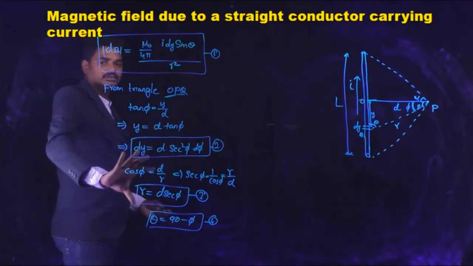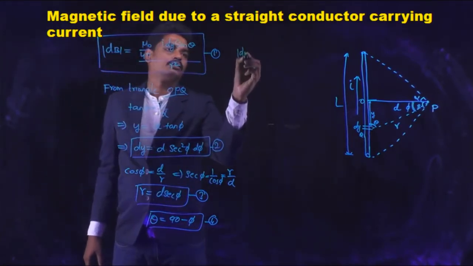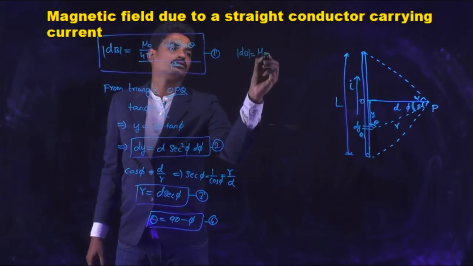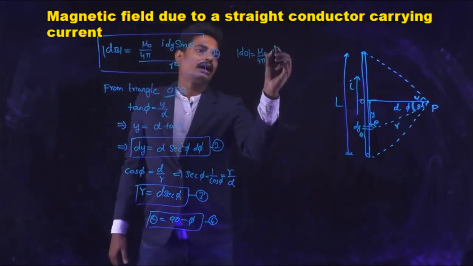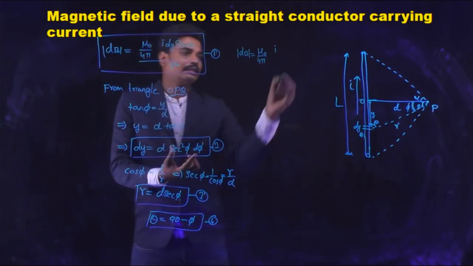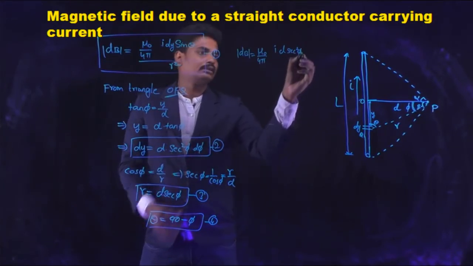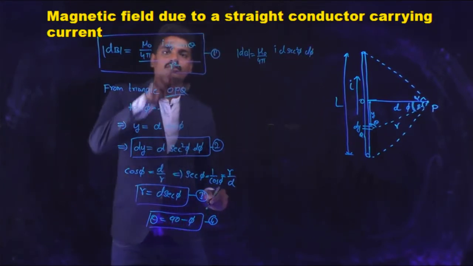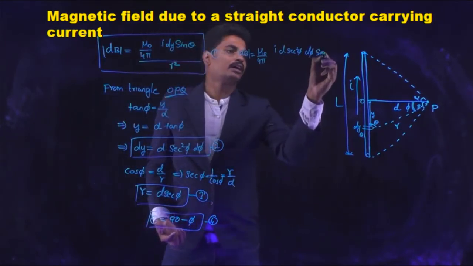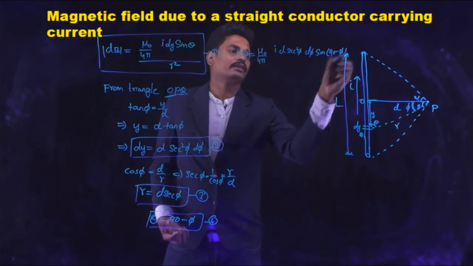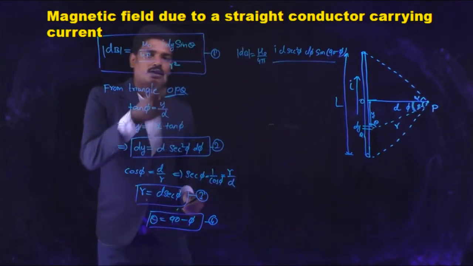Substituting these 3 equations in equation number 1, we can get mod dB. Mod dB is equal to mu naught by 4 pi into I into dy, where dy is d into secant square phi d phi, into sin theta. Sin of theta is sin of 90 minus phi, divided by r square.